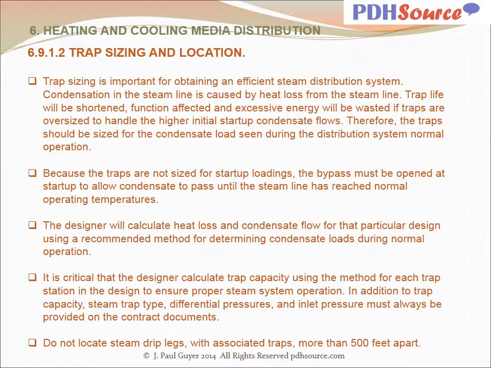It's critical that the designer calculate trap capacity using the method for each trap station in the design to ensure proper steam system operation. In addition to trap capacity, steam trap type, differential pressures, and inlet pressure must always be provided on the contract documents. Do not locate steam trap legs with associated traps more than 500 feet apart.